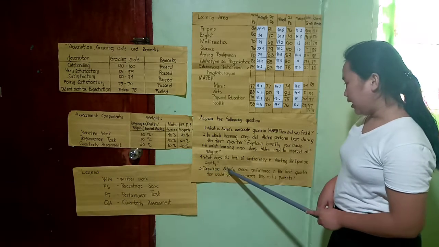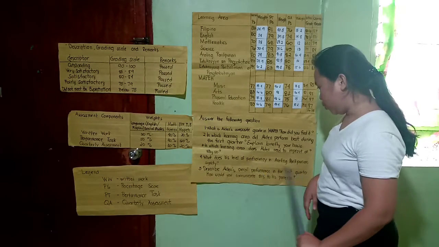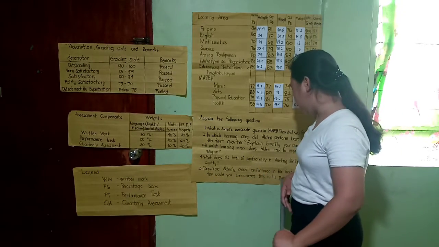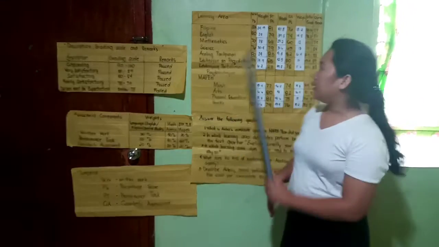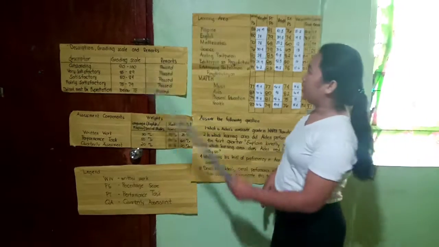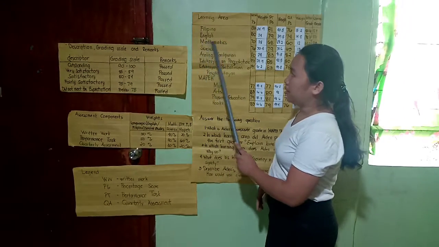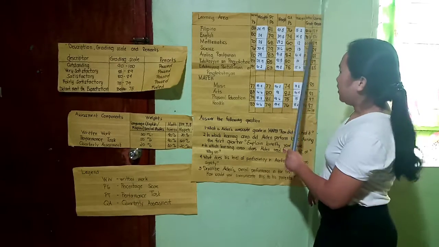So number 5, describe Alden's overall performance in the first quarter. How did you communicate this to his parents? So the overall performance of Alden got a good grade aside from this grade in mathematics, which is the lowest grade of 79.